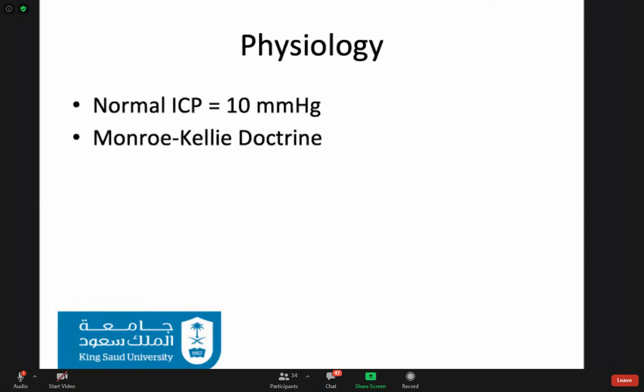Okay. So we have to know or understand at least the Monroe-Kellie doctrine. So the doctrine tells us that basically the volume of components within a given space must remain constant. So when normal volume is exceeded, the pressure increases.